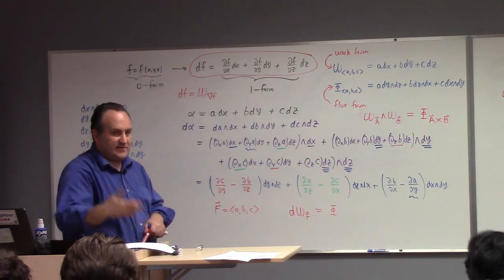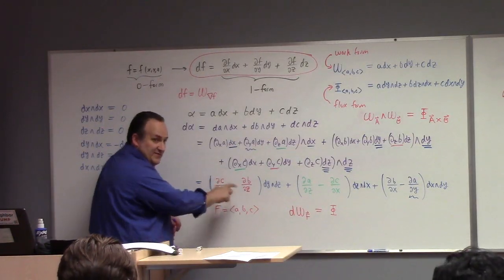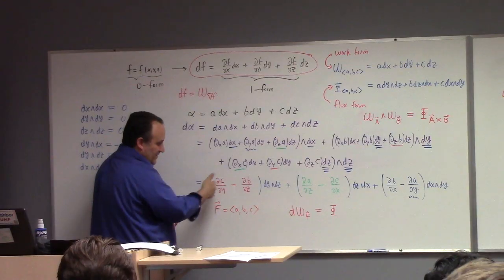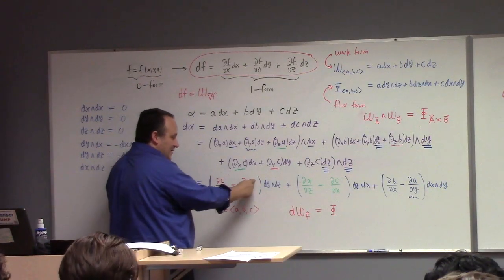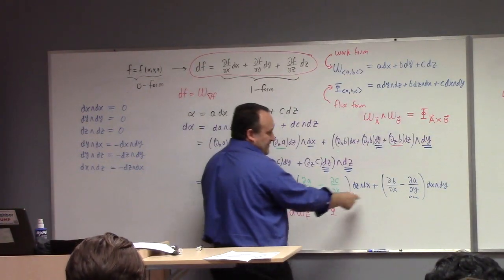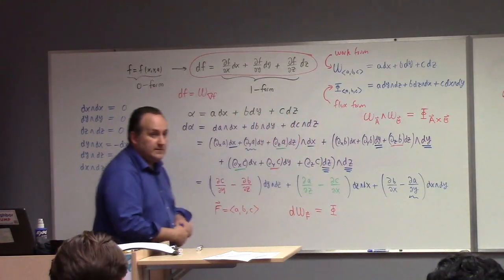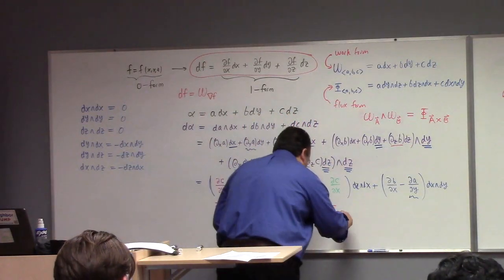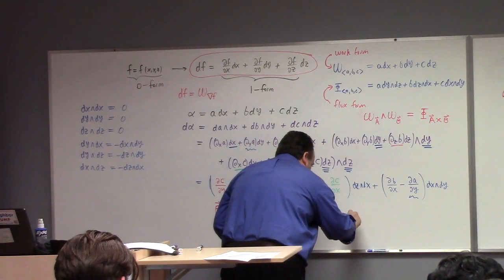We did divergence, curl, gradient. Which is this? Difference of derivatives of not the same component, right? This is the z component, y differentiated. This is the y component, z differentiated. This is the x component, z differentiated. The z component, x differentiated. The y component, x differentiated. The x component, y differentiated. That's the curl. So this calculation shows you that the exterior derivative of the work form gives you the flux form of the curl.